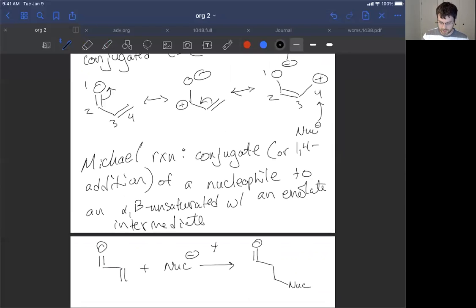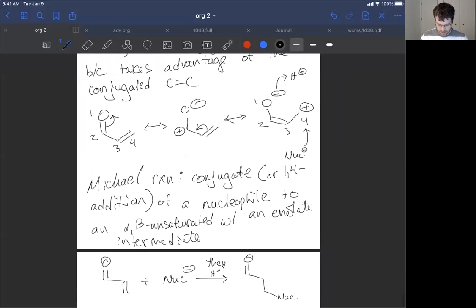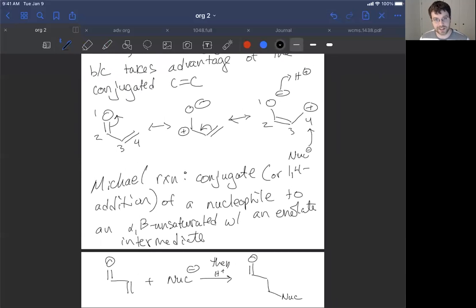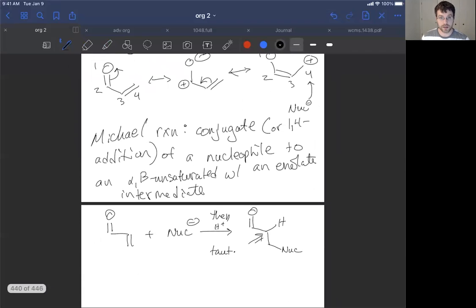If we have a nucleophile minus and then H plus, you might be like, wait, up above we had the H plus adding to the oxygen. That's how we get the 1,4 addition. Now we've just got a 4 addition, and I don't know what happened to the H plus. It turns out the H plus is here. Why is the H plus there? Well, the H plus is there due to tautomerization, or enolate protonation.